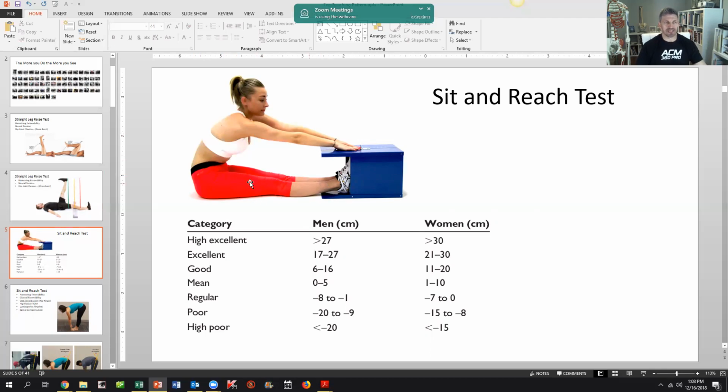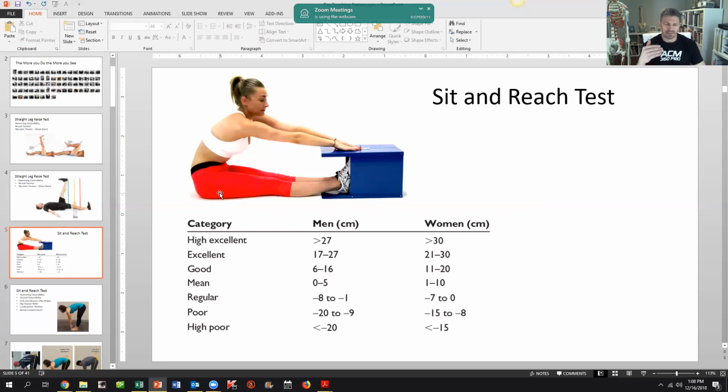So there are some limitations to this test, and there's some great research on it. The next step from this, obviously, is the standing toe touch, which has other implications that we'll look at. But there's some research I'll share with you on the differences between the sit and reach and the standing toe touch, and the correlations to, and they always go back to hamstring extensibility.